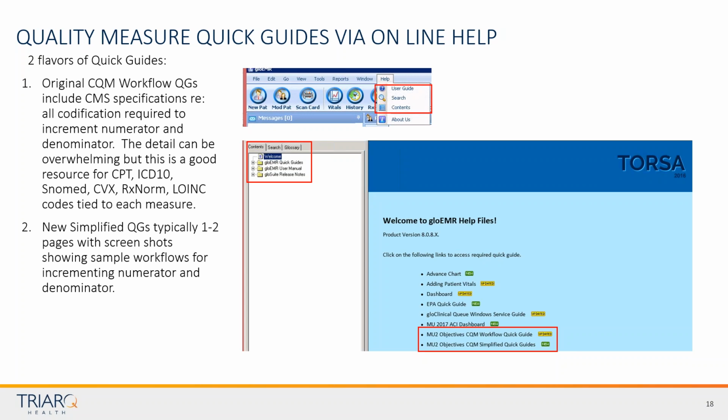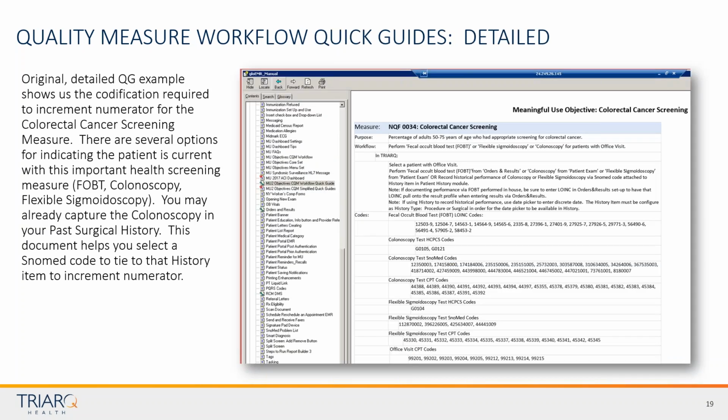Yikes, that was a lot of data, hard to navigate, hard to understand. So we took another shot at it and said, let's come up with what we call a simplified quick guide. That's 1 or 2 pages. It shows some screenshots, and it gives a really good understanding of what workflow is required. So these are the 2 examples.